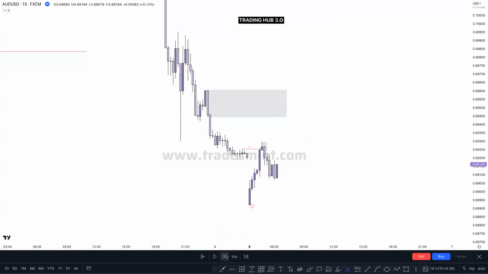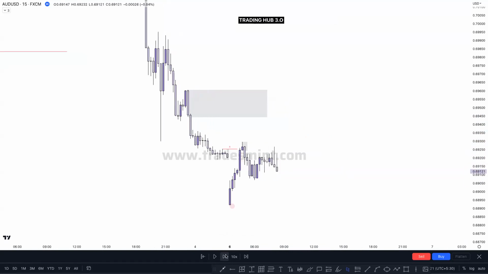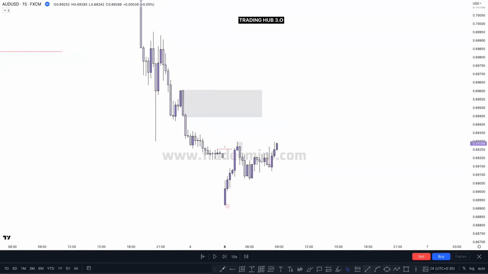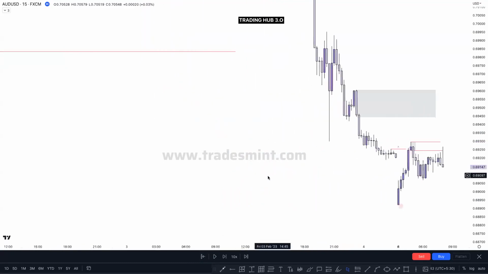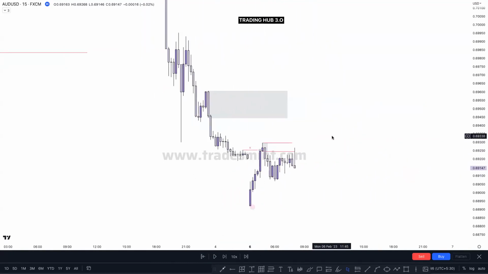So let's see what happened next after this one. Okay, in this case, you can simply refine your order block here in a 1 minute time frame, and then you can sell here, right?